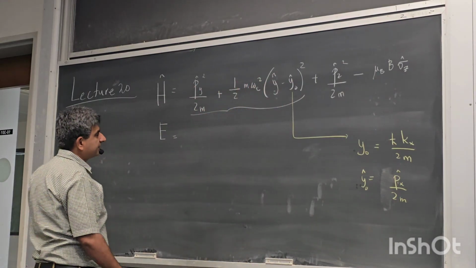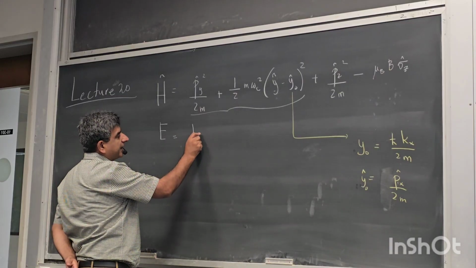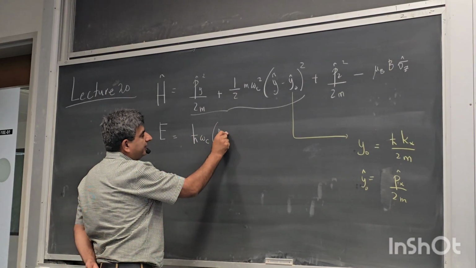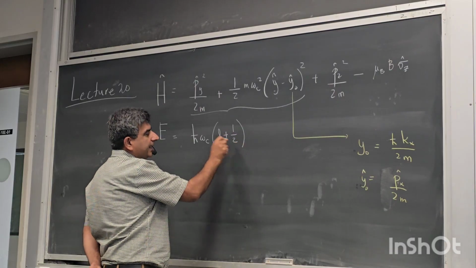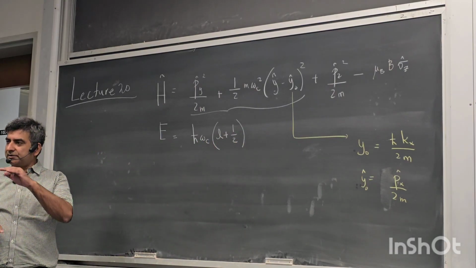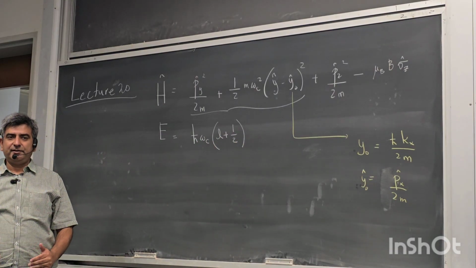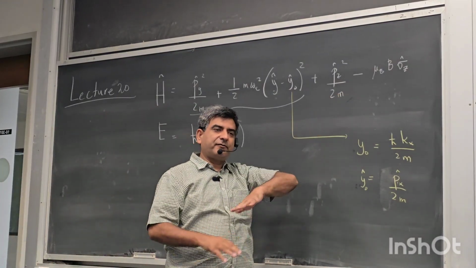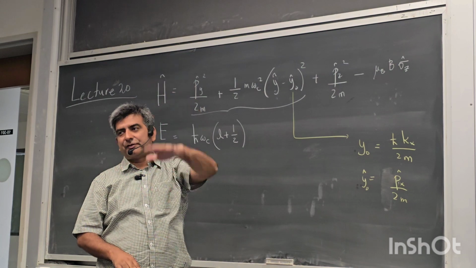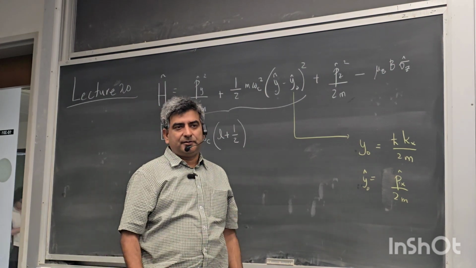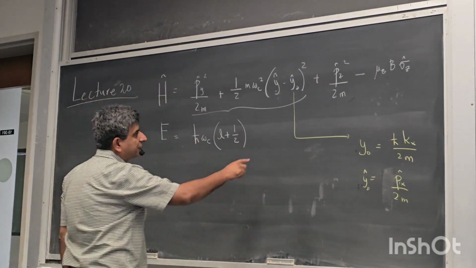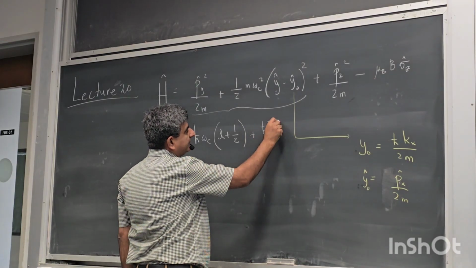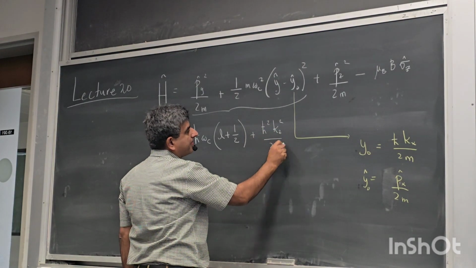So the energy states are simply the energy eigenvalues for a harmonic oscillator. H bar omega c, we introduce a quantum number L, which tells you which state it is in for the harmonic oscillator. This of course represents a free particle along the z direction. So the energy associated with this term is given by h bar square kz square over 2m.